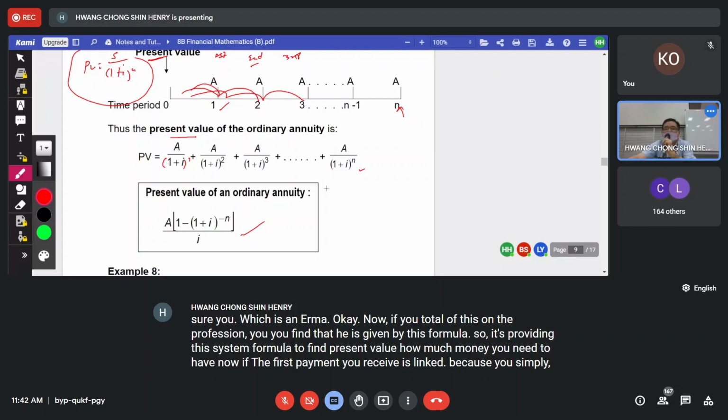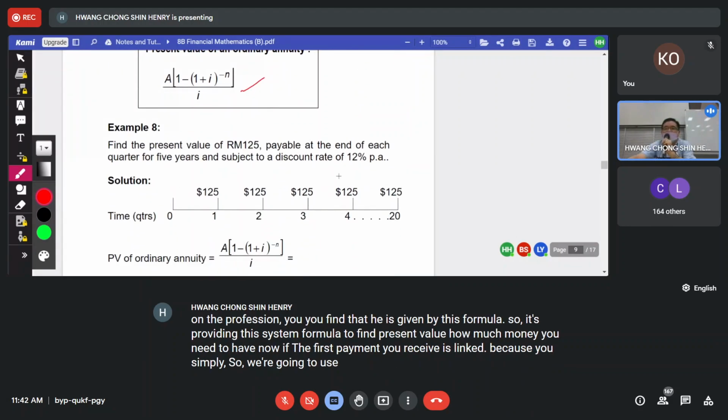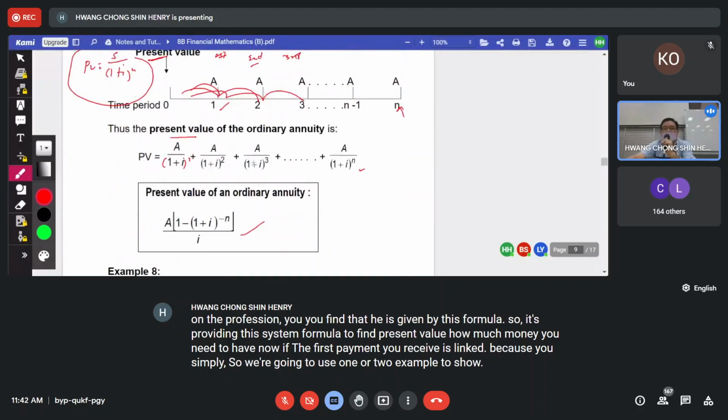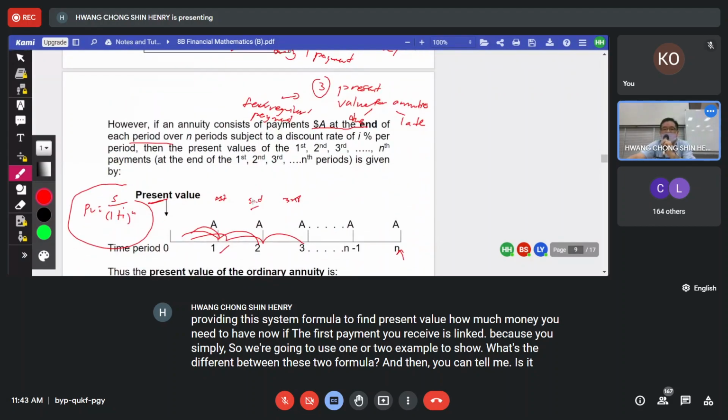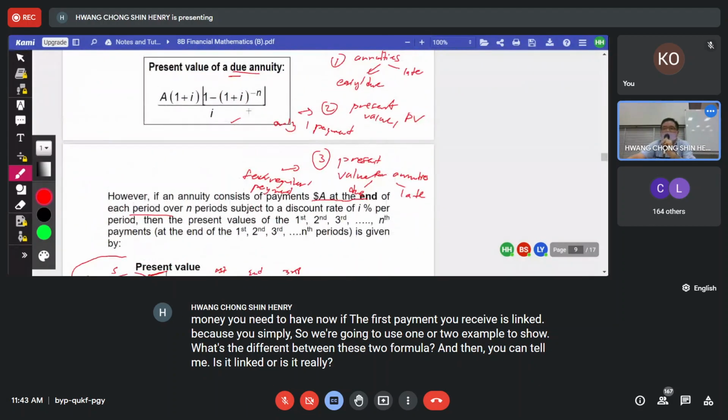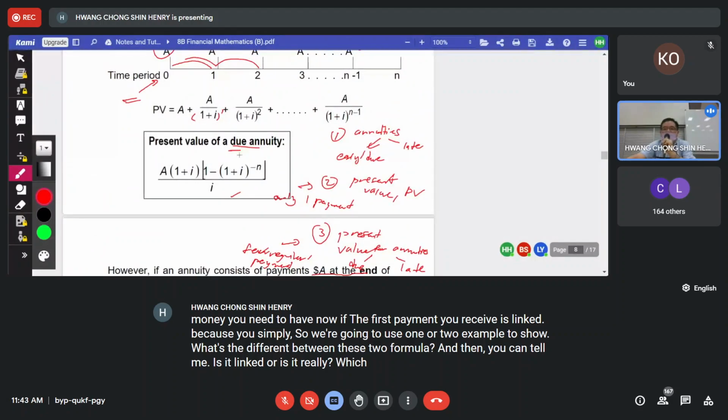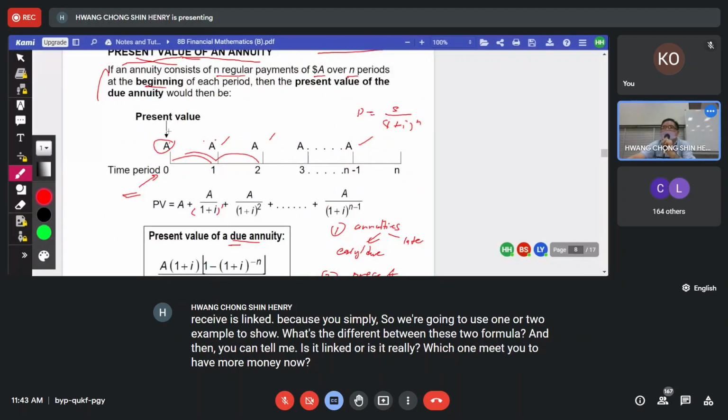So we are going to use one or two examples to show what's the difference between these two formulas, and then you can tell me, is it late or is it early? Which one needs you to have more money now? Just like I asked you, you want to buy a bungalow for 3 million.